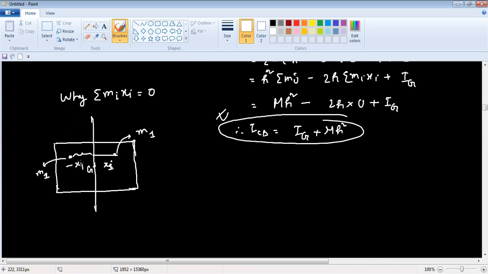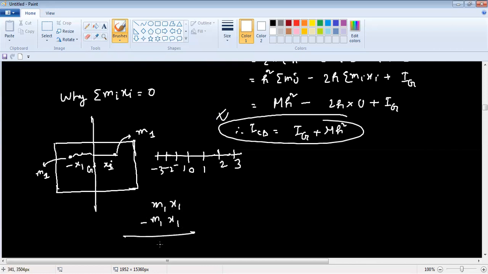Why minus? Because this is the right side and this is the left side. You can imagine this like a number line: 0, 1, 2, 3, -1, -2, -3. That means this is a positive distance and this one is a negative distance. So if we multiply, we get m1 x1 and minus m1 x1. If we add these up, the result is 0.